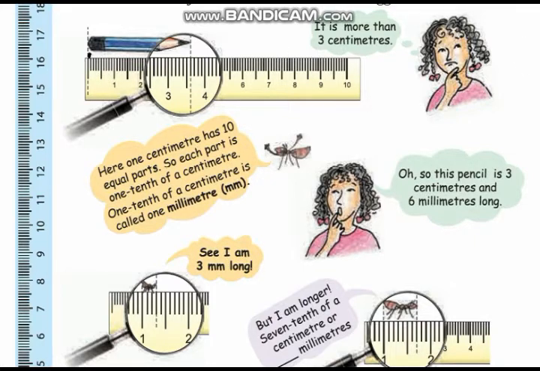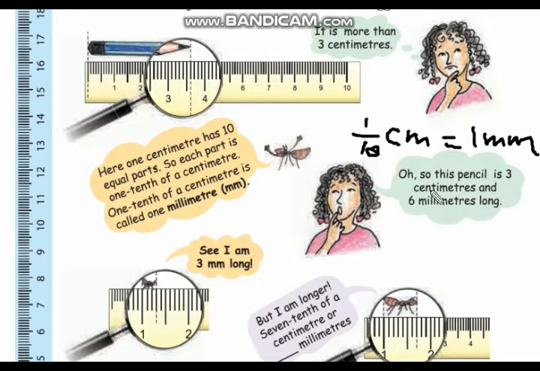Here there are 10 lines. So we can say that this pencil is 3 centimeters and 6 millimeter long. That already we have measured here 3 centimeter and here 6 millimeters long.